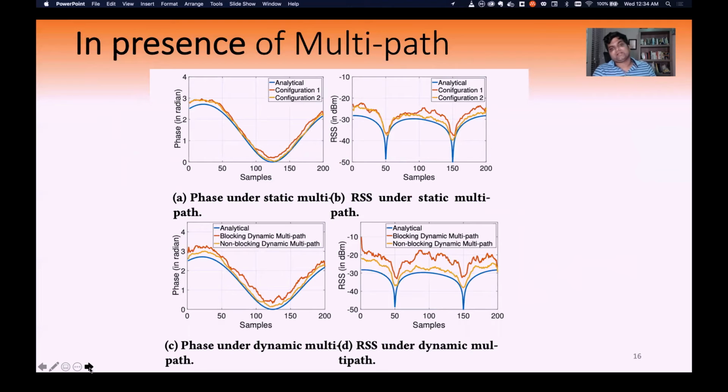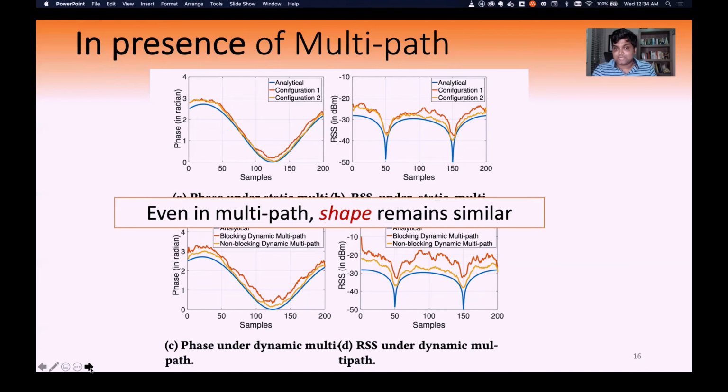And we also see that for different direct or indirect multipath conditions, the pattern or different configuration remains similar, specifically the shape remains similar. Therefore, we can use that for estimation purposes, reversely mapping them to the rotation axis.